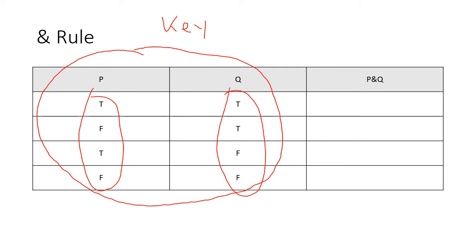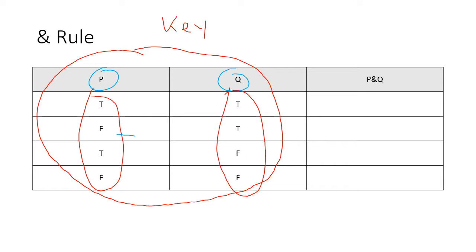And what you'll notice is these values represent all the possibilities of the combinations of true and false that the propositions can be. Here, P and Q are propositions. They also represent sentences, just single individual statements. So what we have here are the different combinations that you could possibly have.